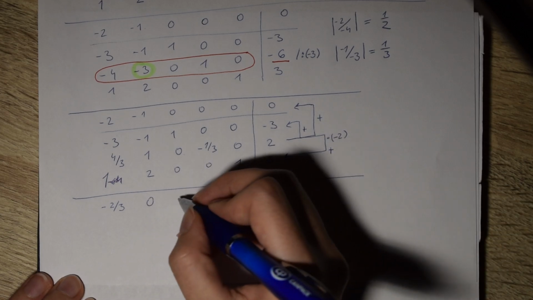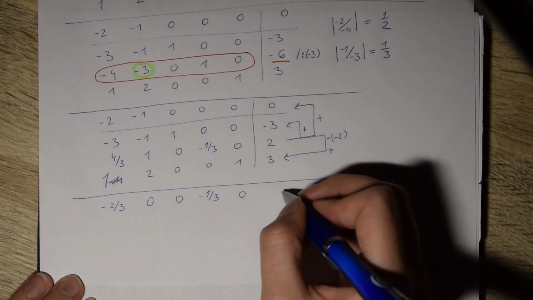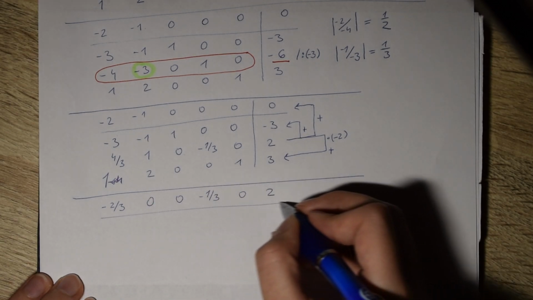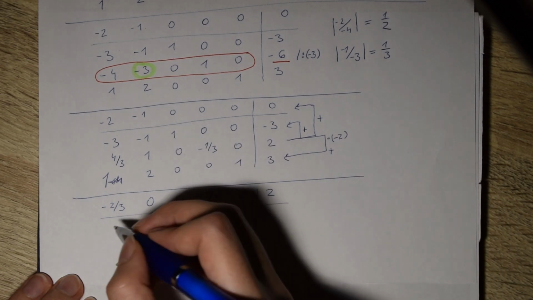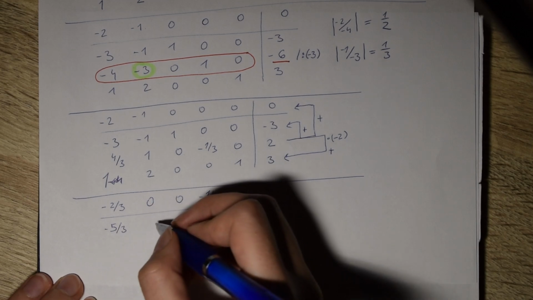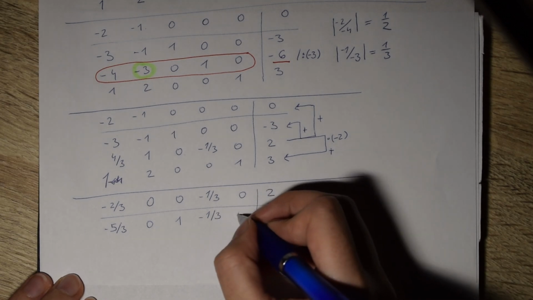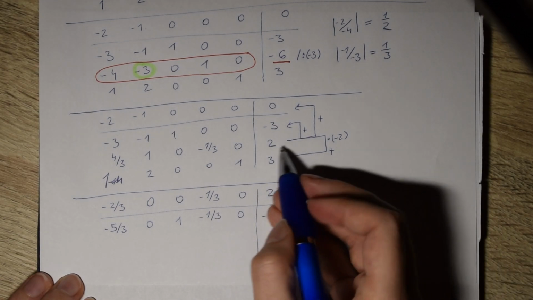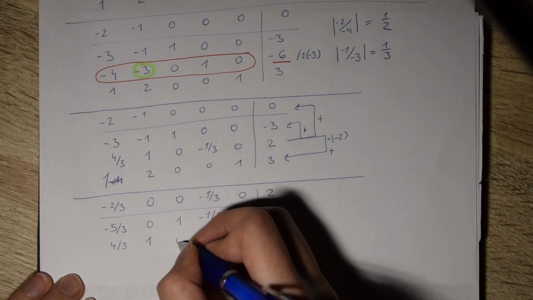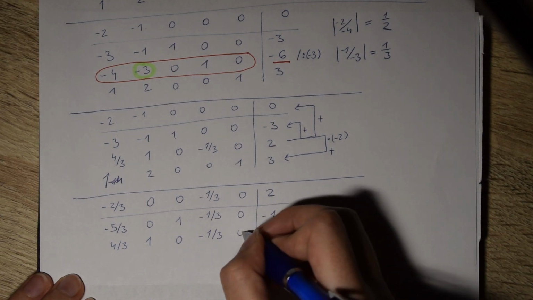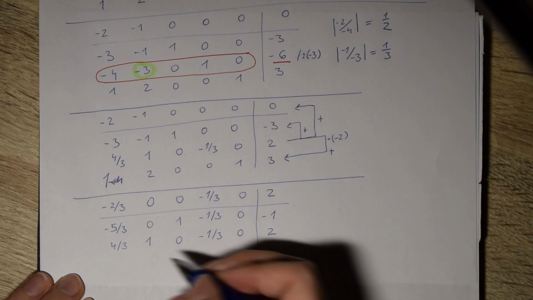Then we get 0, 0, -1/3, 0, and 2. The same we do in the second row. Third row will remain the same. We add -2 multiples of the third row to the last row.